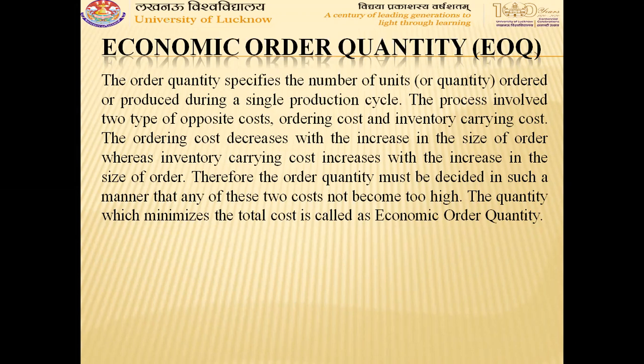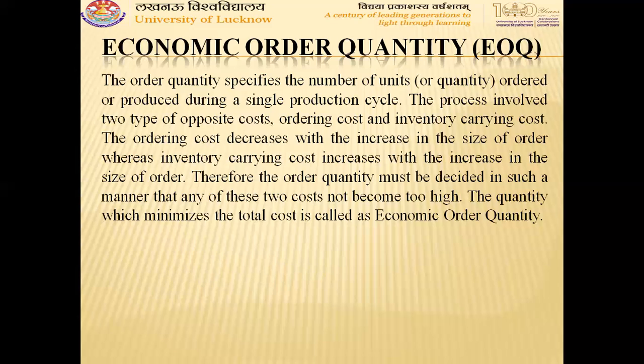Therefore, if a large quantity is ordered, then inventory carrying cost will be large. And if a small quantity is ordered, then ordering cost will be large. Therefore, the order quantity must be decided in such a manner that the total cost will be minimum.